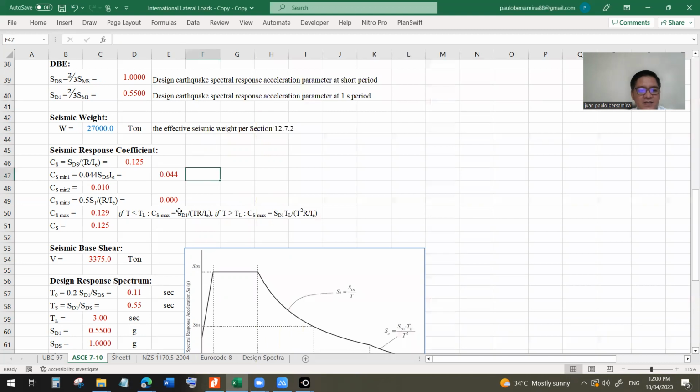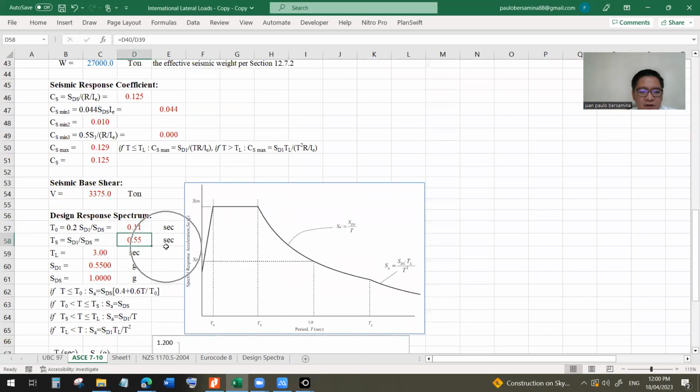Next is T sub S. Base ito 0.55. Kaya kasi T sub S natin, kasi ang SDS naman natin is 1 eh.